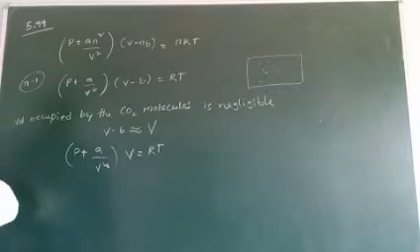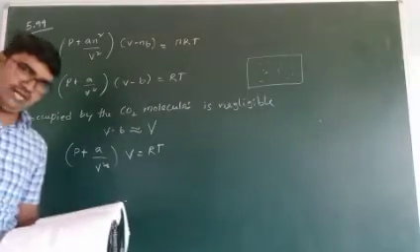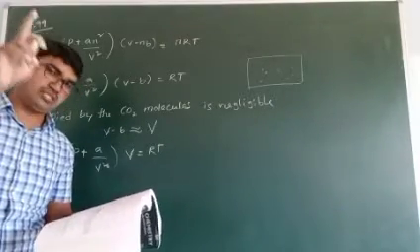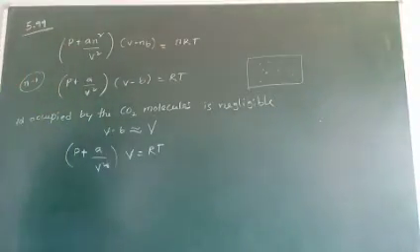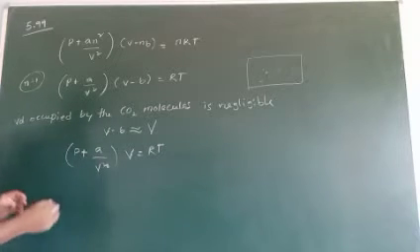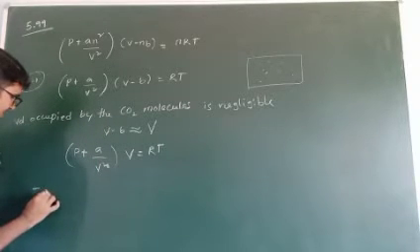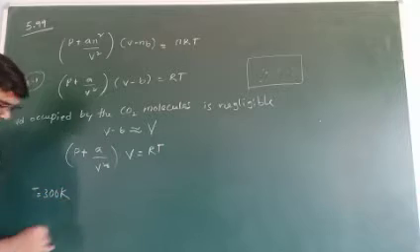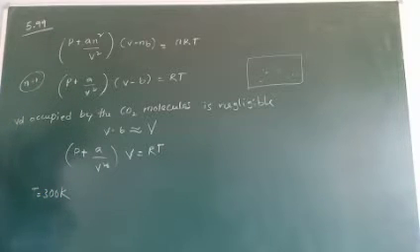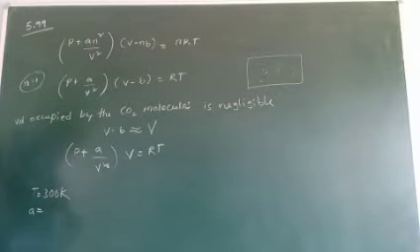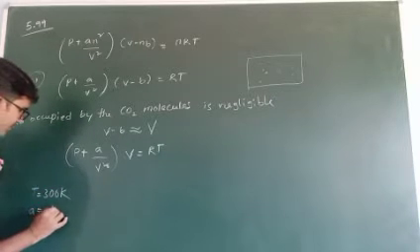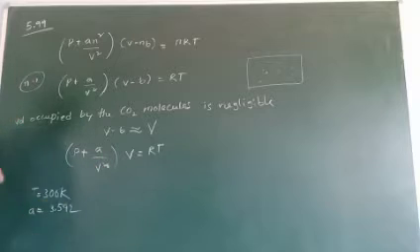Then calculate the pressure P. The temperature is given in this problem, 300 Kelvin, and the a value is also given, 3.592.